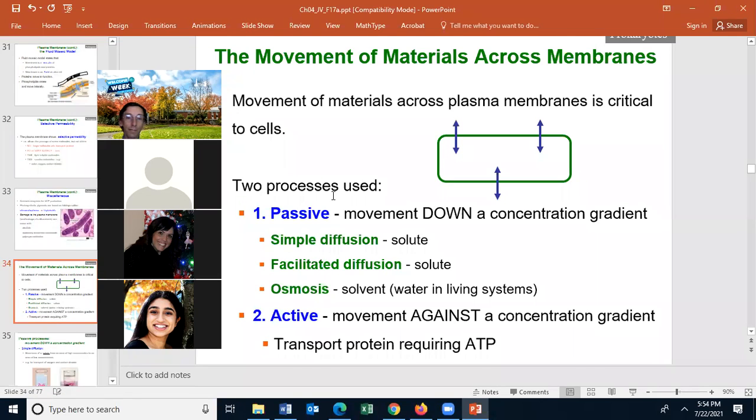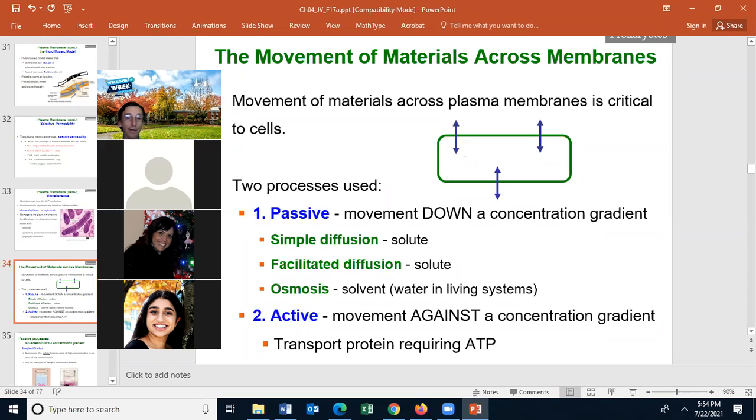Facilitated diffusion uses the laws of simple diffusion, but it moves across the membrane through a protein. But once again, the movement happens down the concentration gradient of the molecule, and the cell spends no energy.